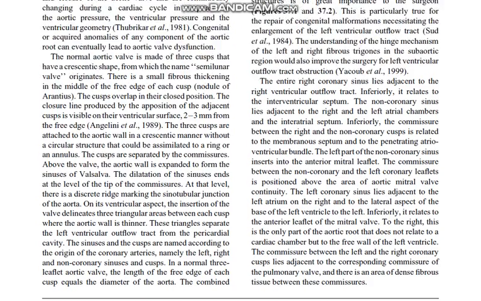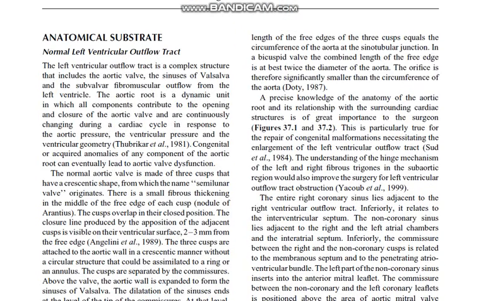The combined length of the free edge of the three cusps equals the circumference of the aorta at the sinotubular junction. In a bicuspid valve, the combined length of the free edge is at best twice the diameter of the aorta. The orifice is therefore significantly smaller than the circumference of the aorta.